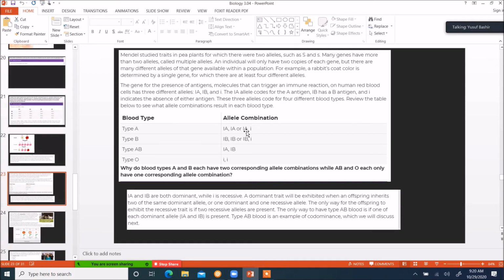But does he receive four alleles? No. IA is one thing. It's not I and A, two alleles. IA is one thing, IB is one thing, and lowercase i is another thing.